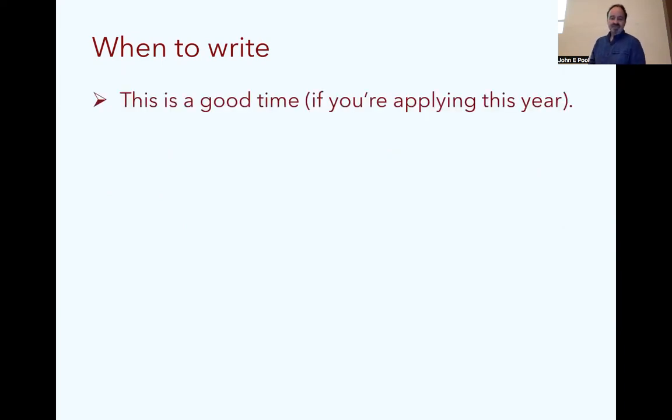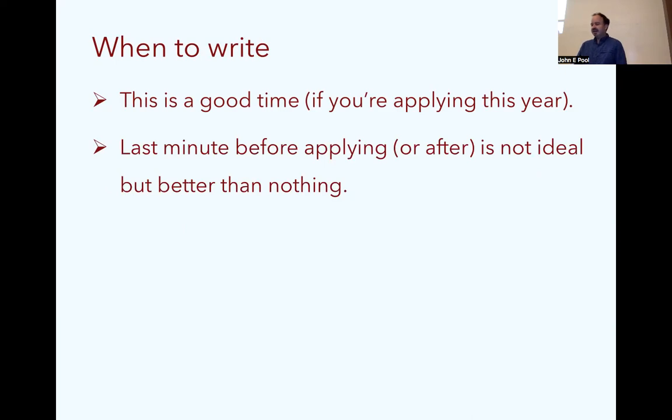So the next topic, coming back to, although I don't have anything here about the timing, so I'm glad for that question. If you're thinking to apply this year, this is a great time to write. These next few weeks are great.